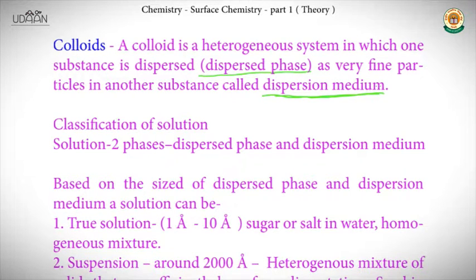So when I talk about a solution, any solution has two phases, dispersed phase and the dispersion medium. The dispersion medium is continuous and it's the external medium, and the dispersed phase is dispersed in the dispersion medium. So the discontinuous phase is the dispersed phase. So can you explain the meaning of continuous? Say for example, you have salt dissolved in water. Water is present everywhere, so that is the dispersion medium.